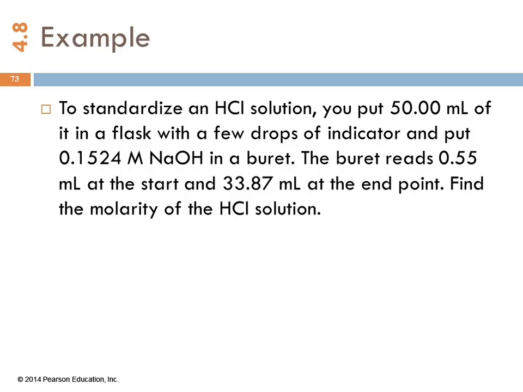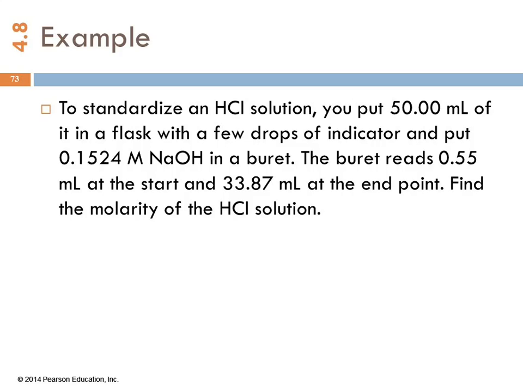The way a burette works is it's like a cross between a graduated cylinder and a test tube. And it's really long and skinny, but it's got markings on it. The markings start at 0 at the top and go down to 50. And the way you measure the volume is you record where the level is when you start and where it is when you finish, and then you're looking at the difference between.